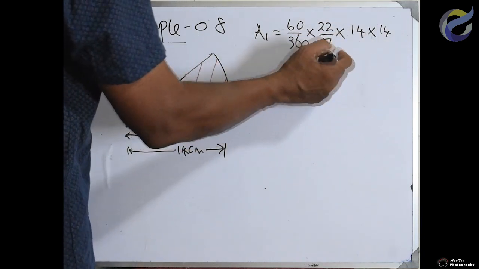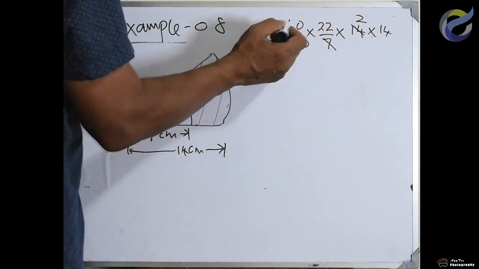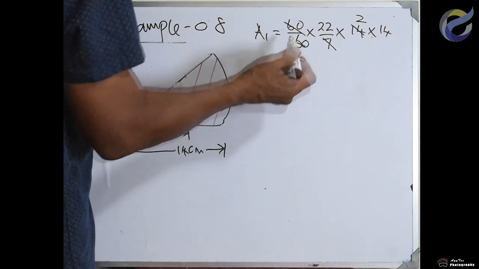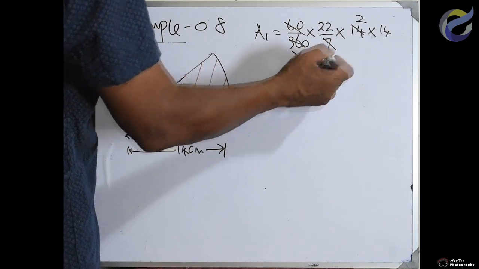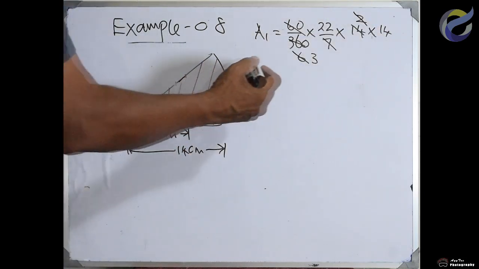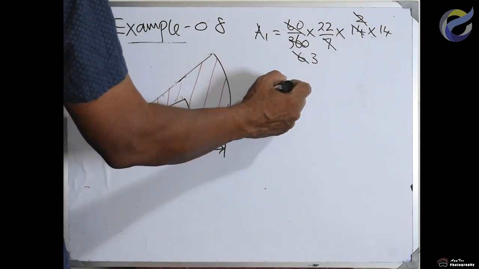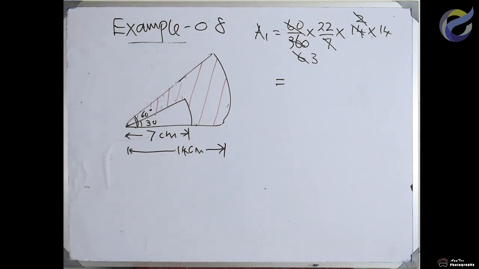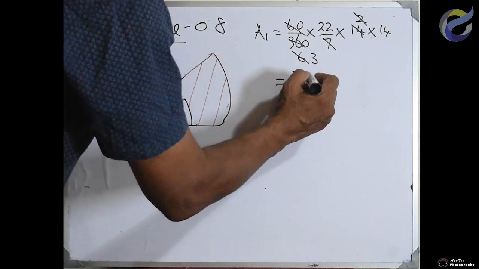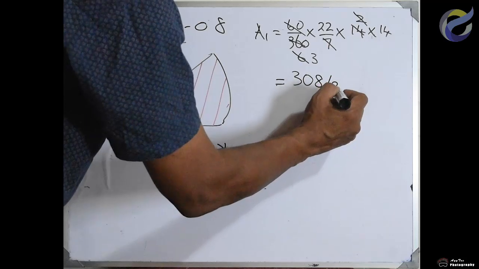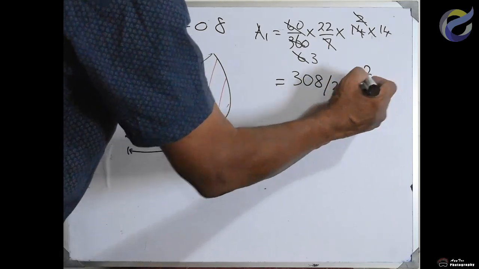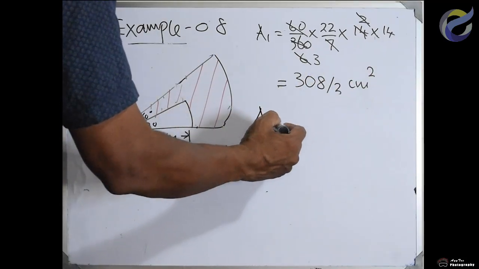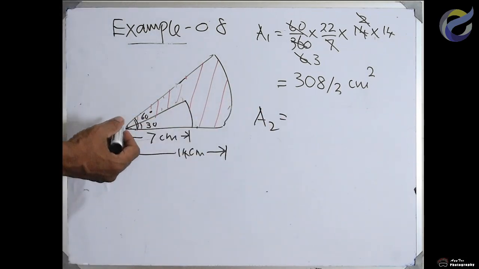So these two you can simplify as 2 and here 6. Further we can simplify 3 and 2. So finally A1 we are getting 308 upon 3 centimeter square, equals the area of smaller sector.